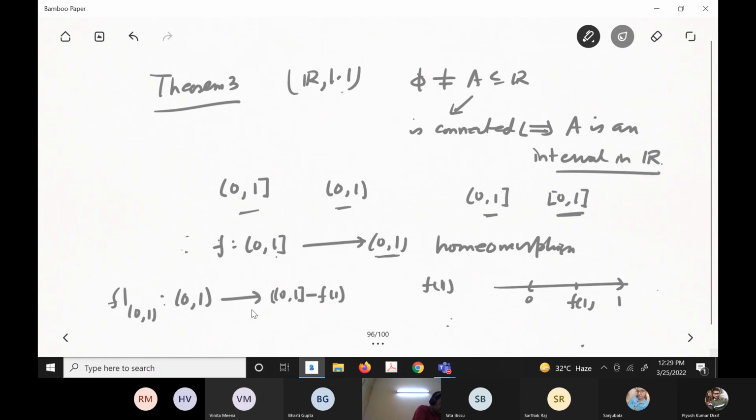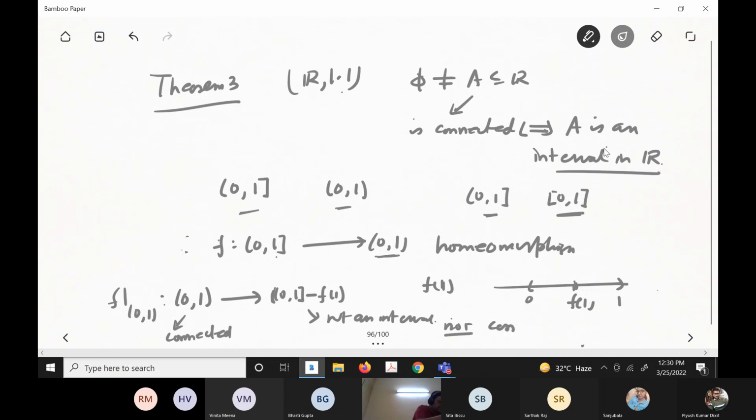Now look, here, this is connected. Is it still an interval? Look at the trick. This is not an interval, because you are getting two pieces, not an interval. So this is not connected.